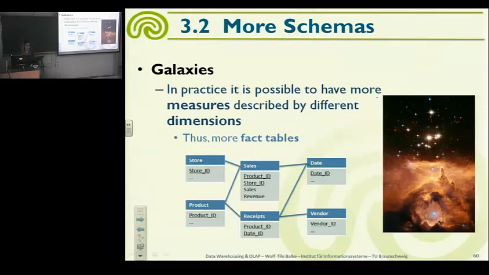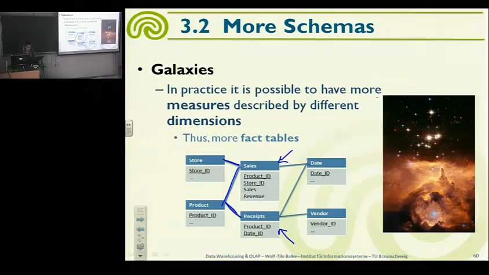But of course, you might have different fact tables. And as you've seen at the beginning of the lecture, once you define a dimension, it can be used with not only one fact table, but multiple ones. And so if you have here 2 fact tables, 2 cubes, the sales and the receipts, you can start joining the different fact tables to the same dimension.